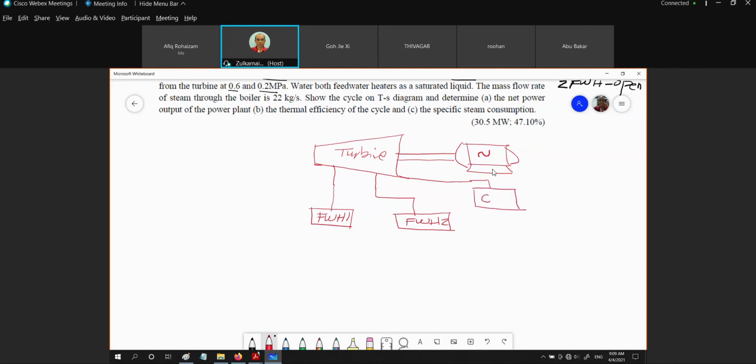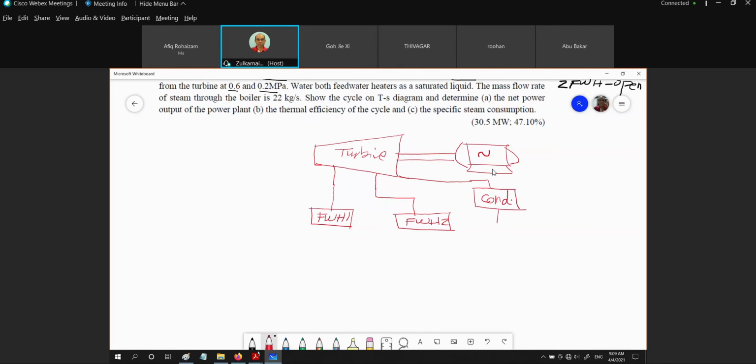So this is our condenser. And then right here, after the condenser, we must have a pump because the condenser is the lowest pressure, whereby the feed water heater number 2 is working at a different pressure.